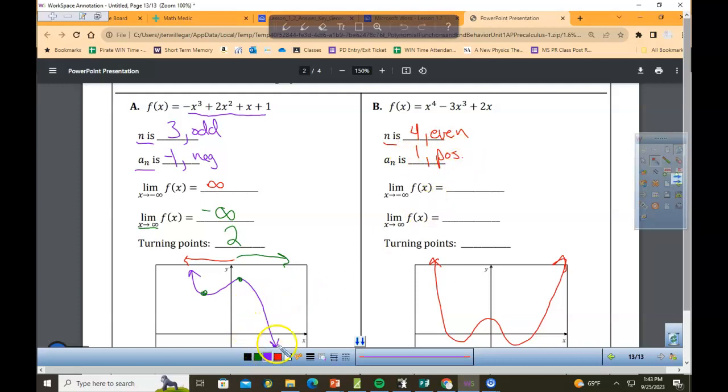Now, my limit as I approach negative infinity, I'm going up, so it's positive infinity. My limit as I go to positive infinity is positive infinity. This one I have 1, 2, 3 turning points where I change direction.